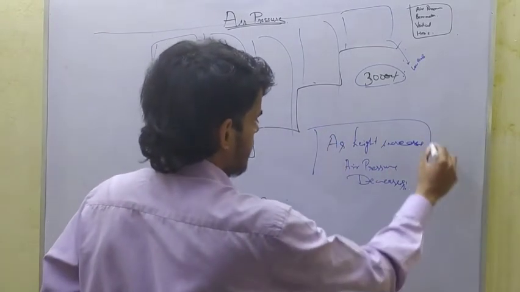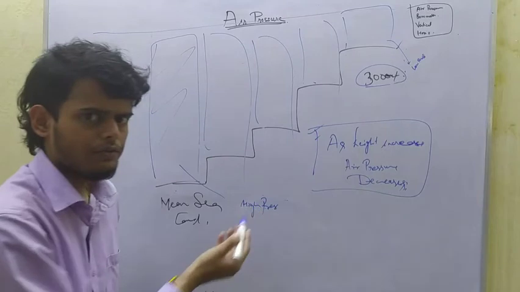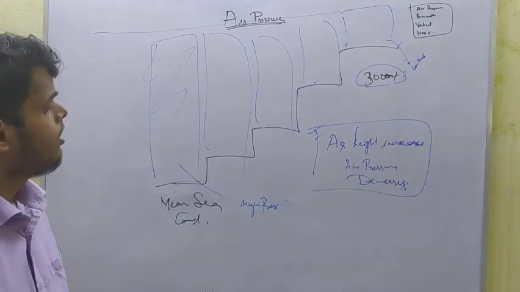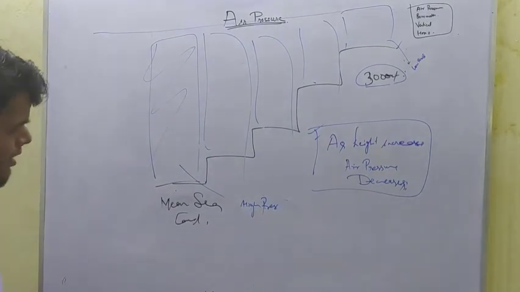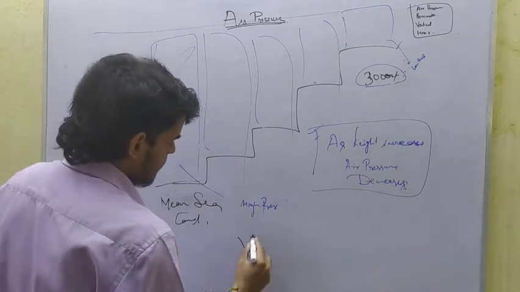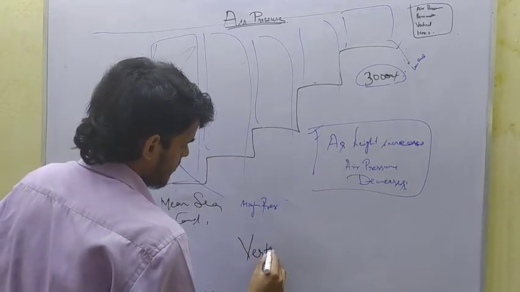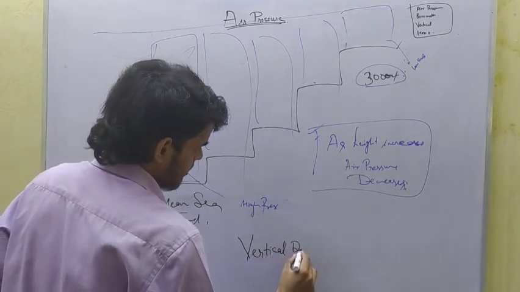This is our conclusion. Hard and fast rule. This is the simple vertical distribution of air pressure.